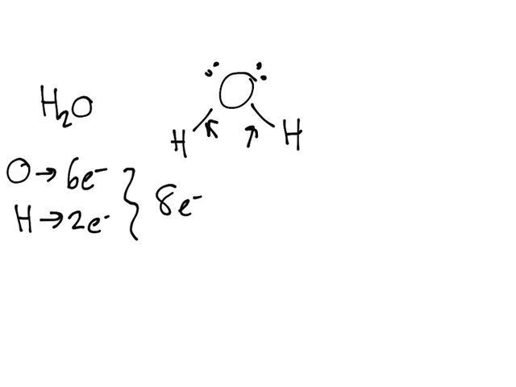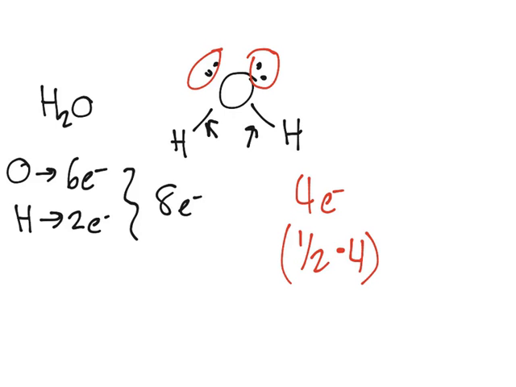Let's calculate the formal charge for oxygen. It has 2 lone pairs, so 4 electrons for the lone pairs, and then 4 bonding electrons with the hydrogens, so 1/2 of 4.